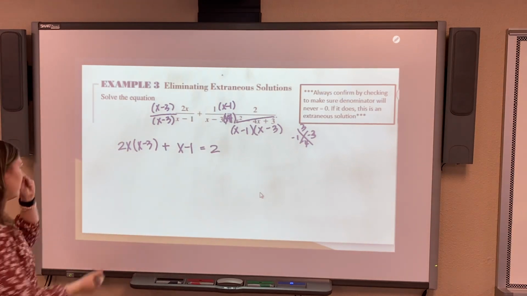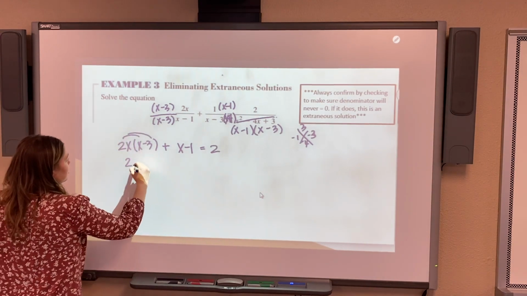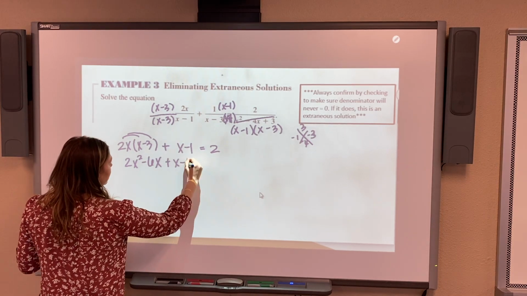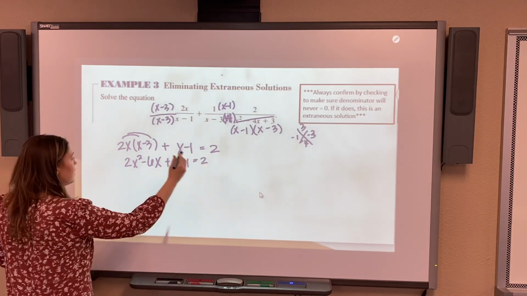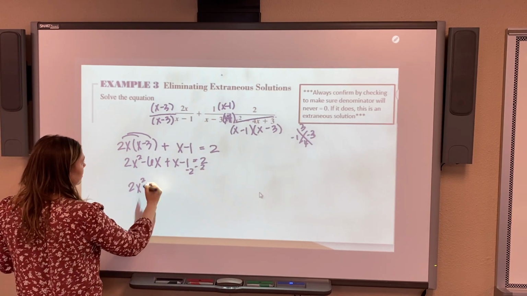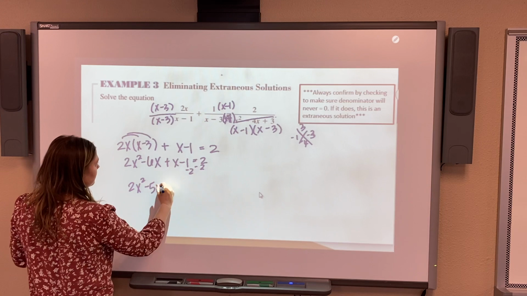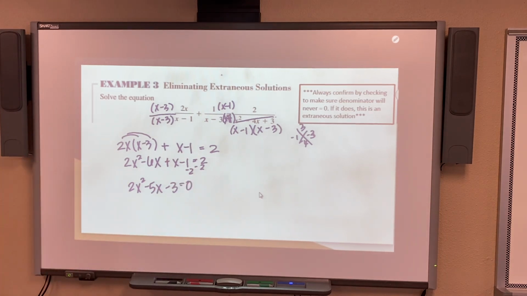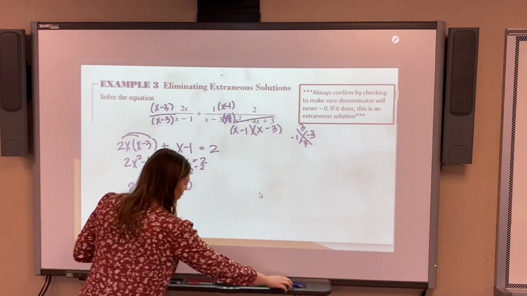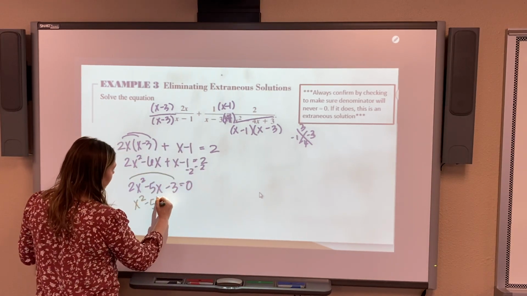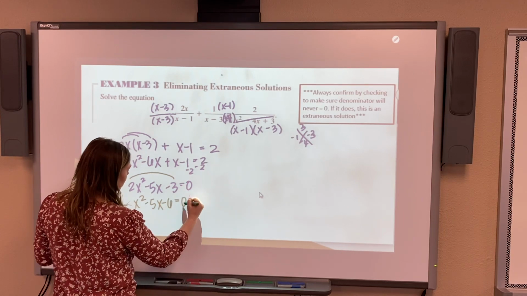So now we can simplify. Distribute, we get 2x squared minus 6x, plus x minus 1 is equal to 2. We can subtract our 2, and we get 2x squared minus 5x minus 3 is equal to 0. Okay, slide and divide, so let's multiply to slide: x squared minus 5x minus 6 is equal to 0.